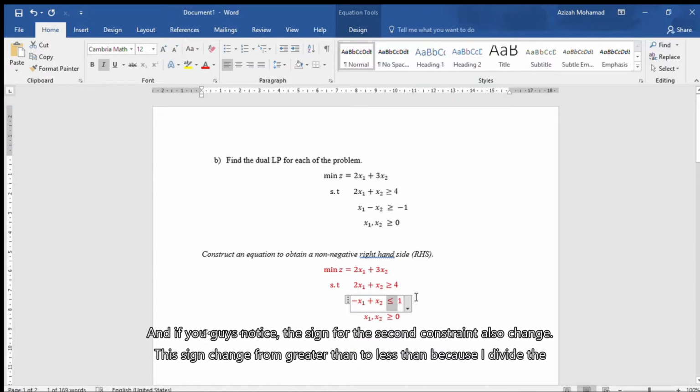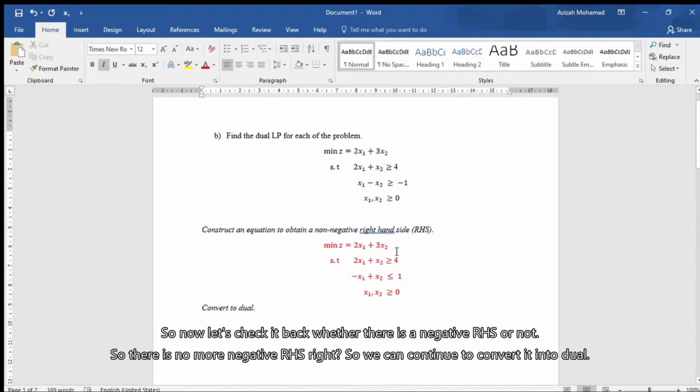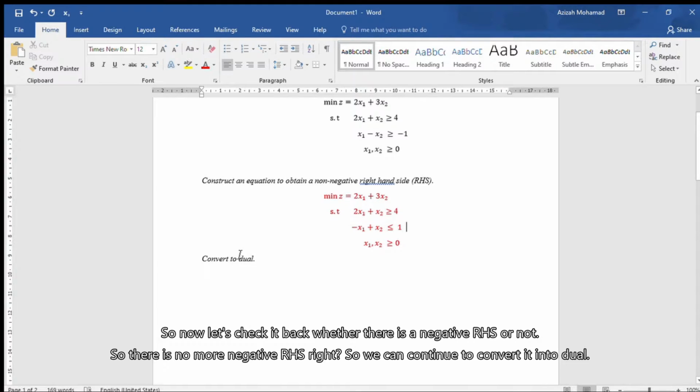It is changed because I divided the whole second constraint by negative 1. So now let's check whether there is a negative right hand side or not. There is no more negative right hand side, right? So we can continue to convert it into the dual.